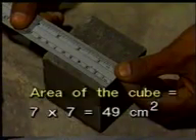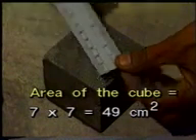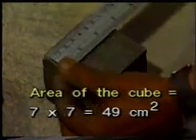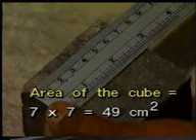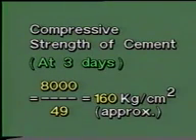The area of the cube is 7 centimeter multiplied by 7 centimeter, which is equal to 49 centimeter square. Therefore, the compressive strength of cement at 3 days is equal to 8,000 divided by 49, which is approximately equal to 160 kilogram per centimeter square.